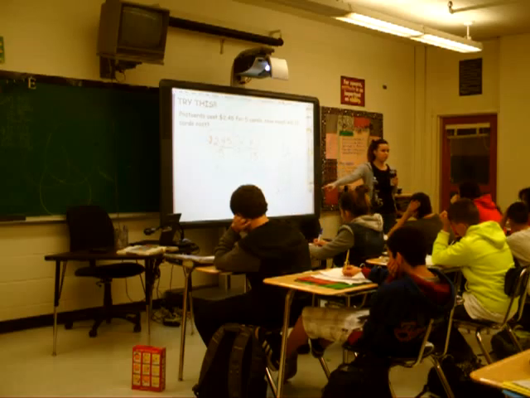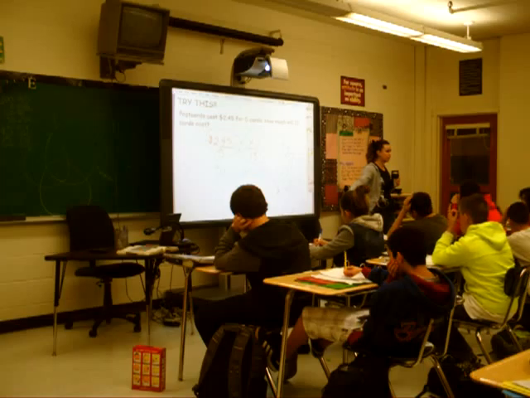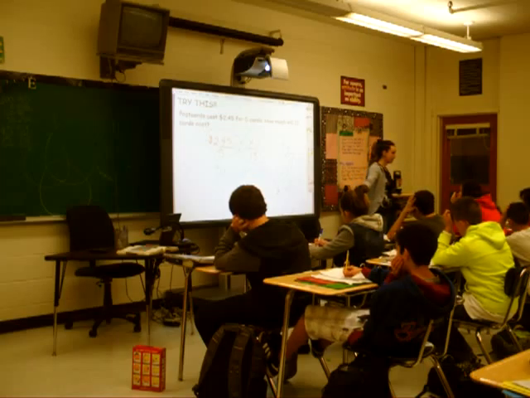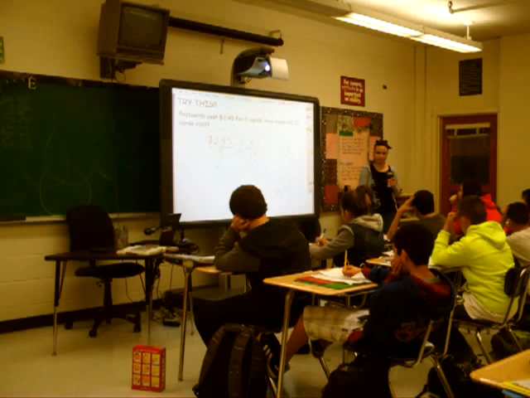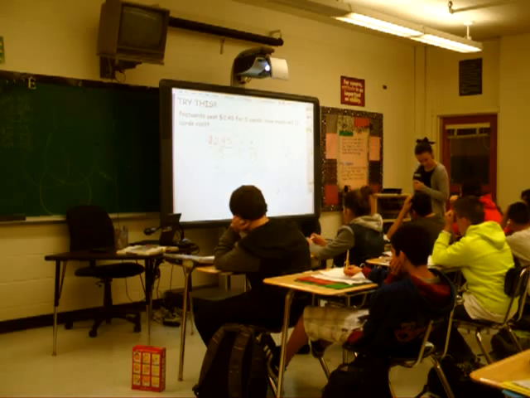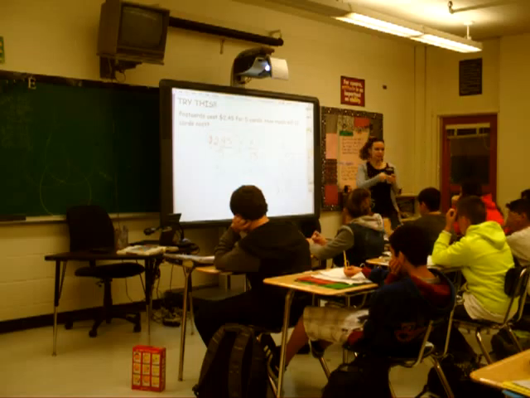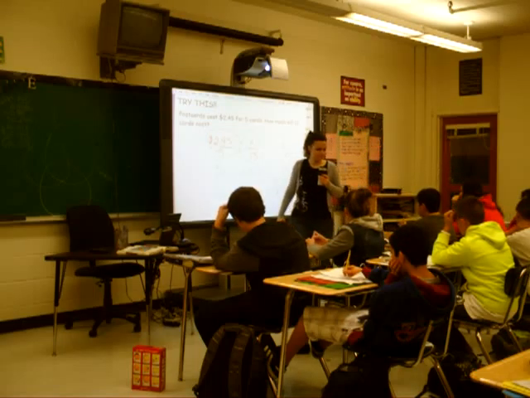I got 3,145 before my decimal. Is that what you guys got? We're still working. I'll give you a second. What did you get? Hang on to that, see if you get the same thing.